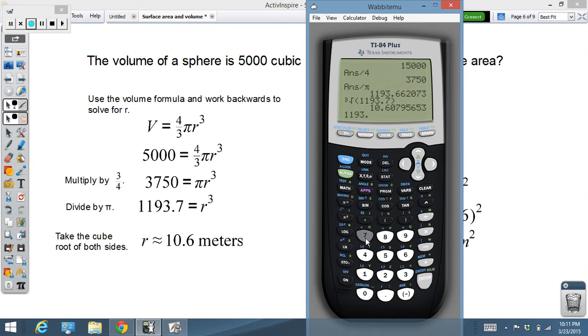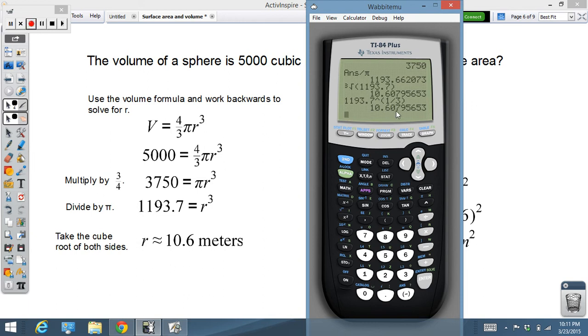Now the second option. I usually prefer this one because I try to go faster. When I get that 1193.7 and I want to cube root it, I remember that a cube root is the same as taking something to the 1/3 exponent. So if I raise that number to the 1/3 power, it's the same as taking a cube root. Either of those choices work. Use the math button to get the cube root function, or take something to the 1/3 power.